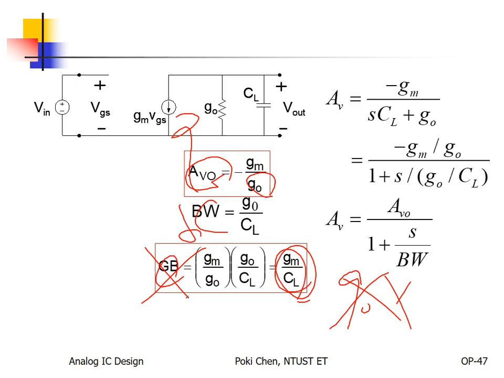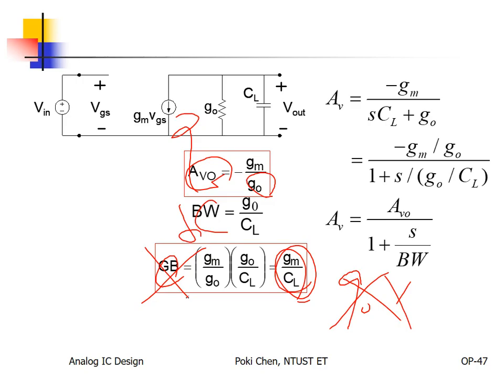So again, it means when you increase your gain, usually you need to sacrifice your bandwidth. Okay? That is another ugly truth. For the same structure, never mind how hard you try to increase your gain, you need to sacrifice your bandwidth.